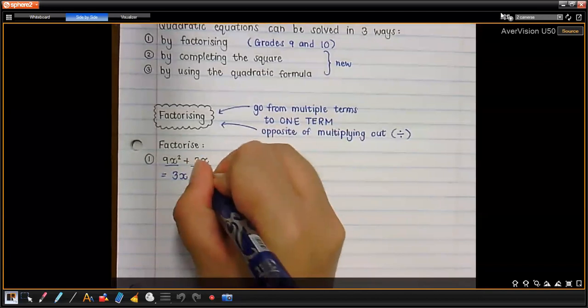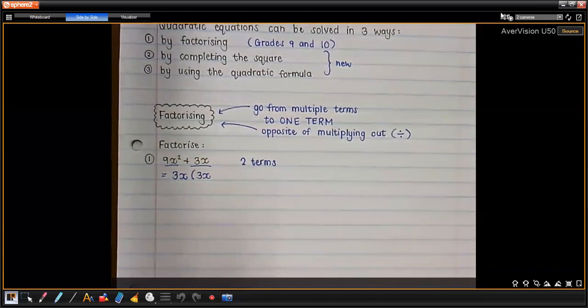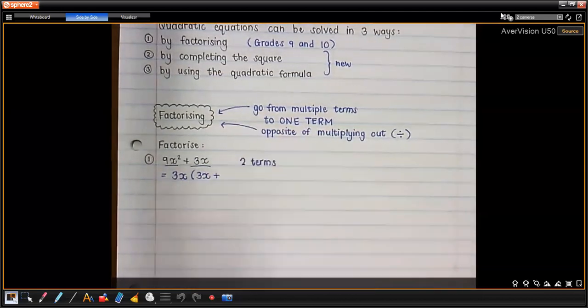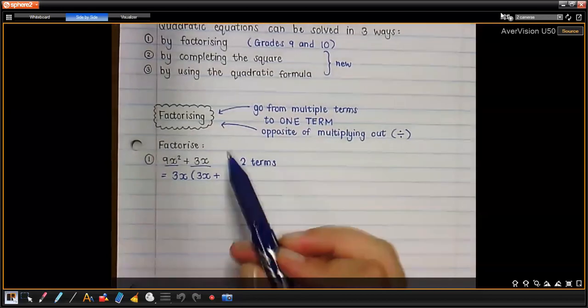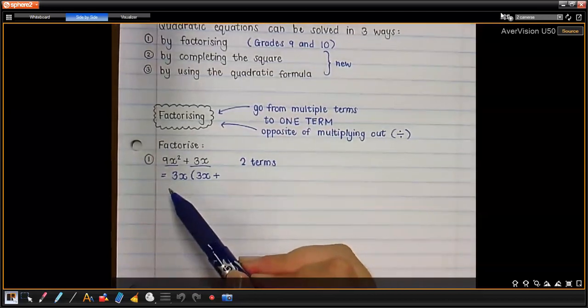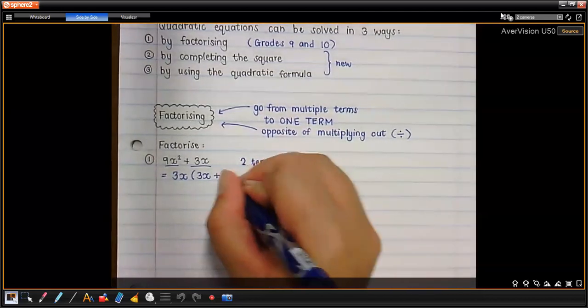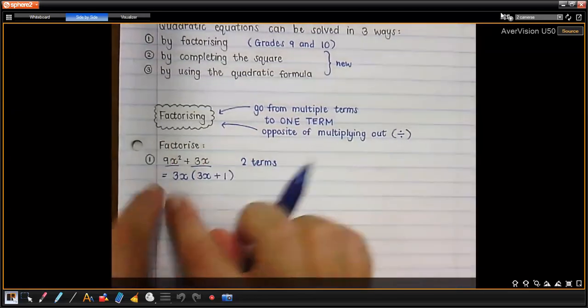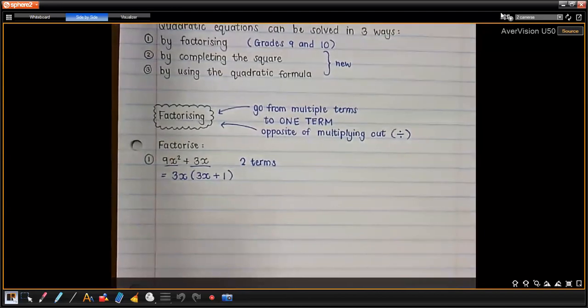X. So 3x. Plus, the next term is positive, so it's going to be positive in the bracket as well. Now, what is 3x divided by 3x? 1, good. Plus 1 must go into that bracket. Now we've divided both terms by the common factors, and now we can close our bracket.